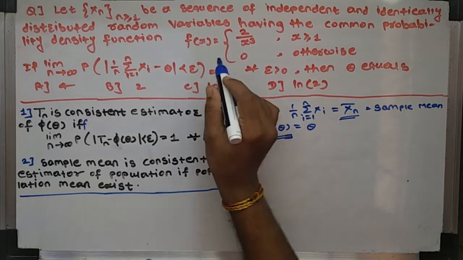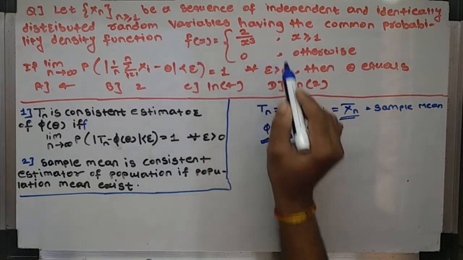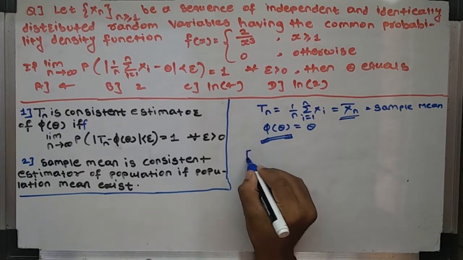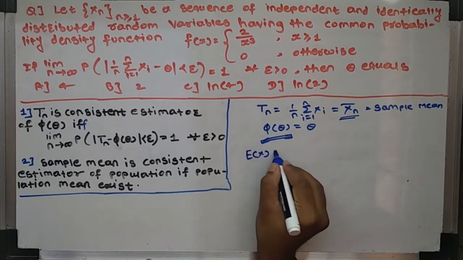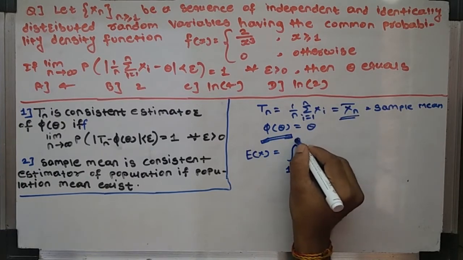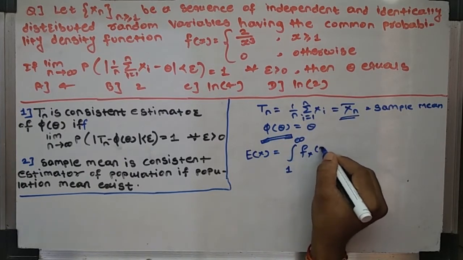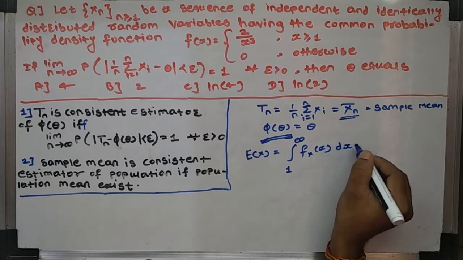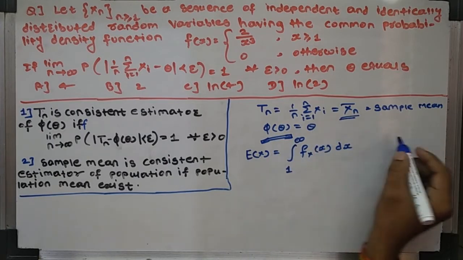Here the population follows this density. So the population mean, that is the expectation of X, is equal to the integration from x greater than 1 to infinity of x fX(x) dx, and this expectation is equal to theta.